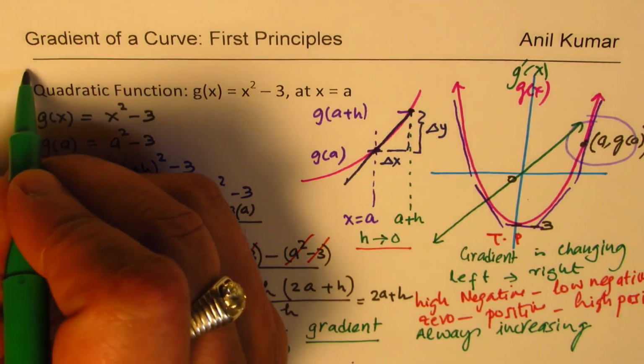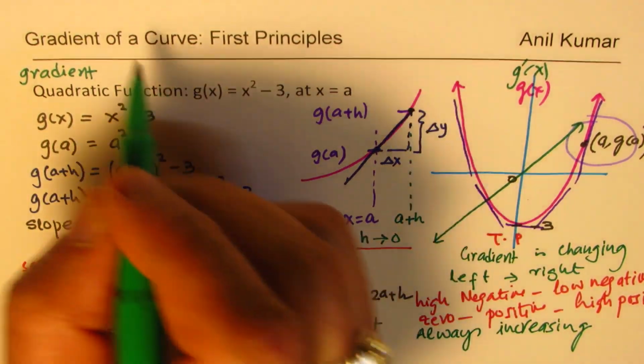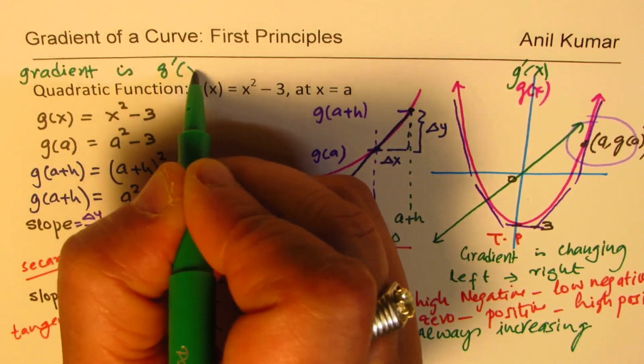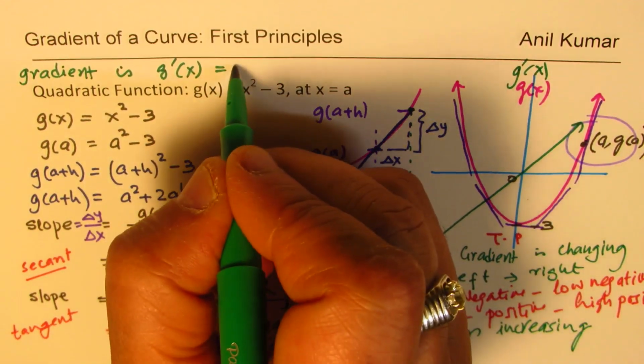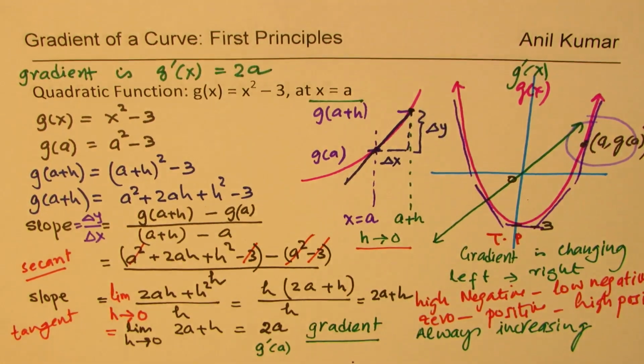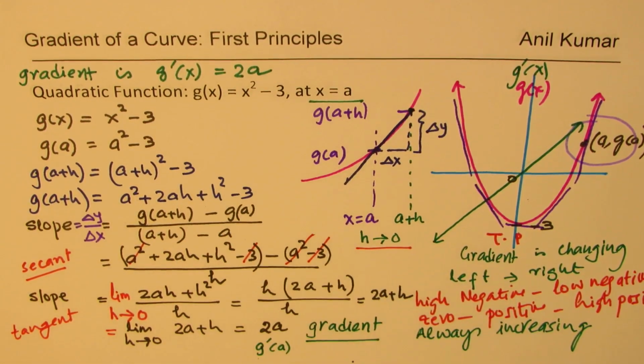So at present I can say that the gradient, which is g dash x, is 2 times x, 2 times a for x equals to a. Just derived. For any value x equals to a, it is 2 times a. Is that clear to you? So that is how we could get an expression, and we'll call this as our general expression.